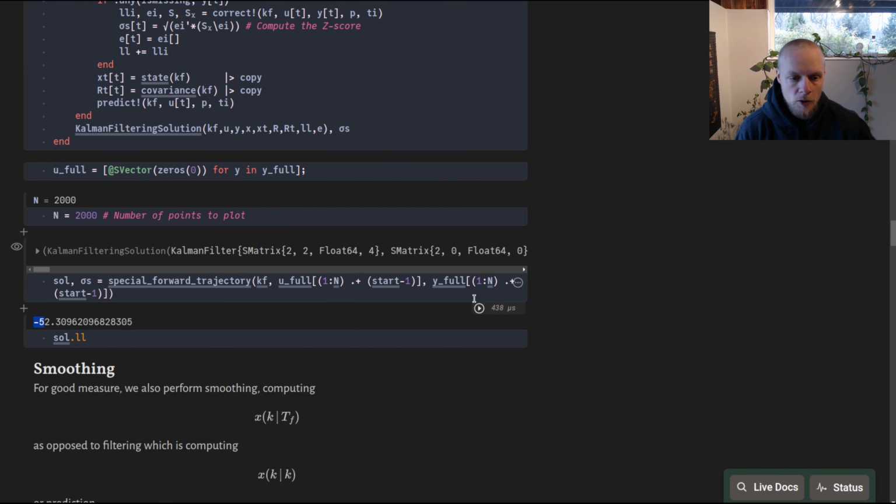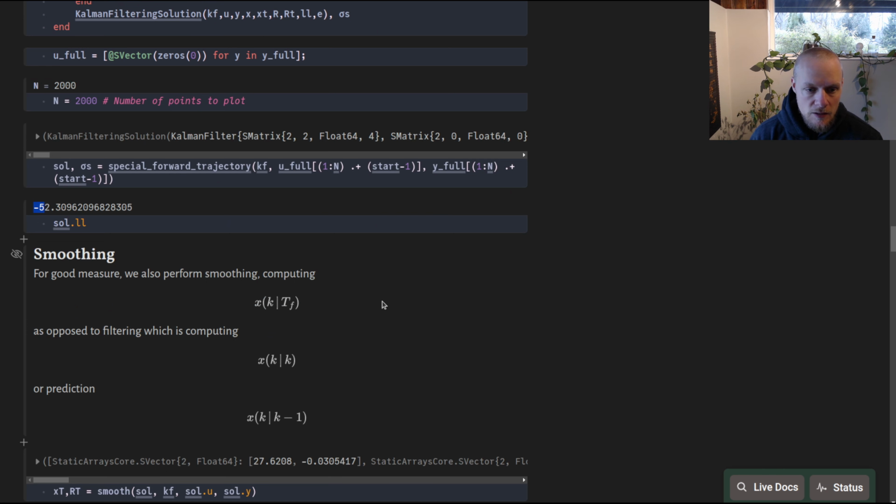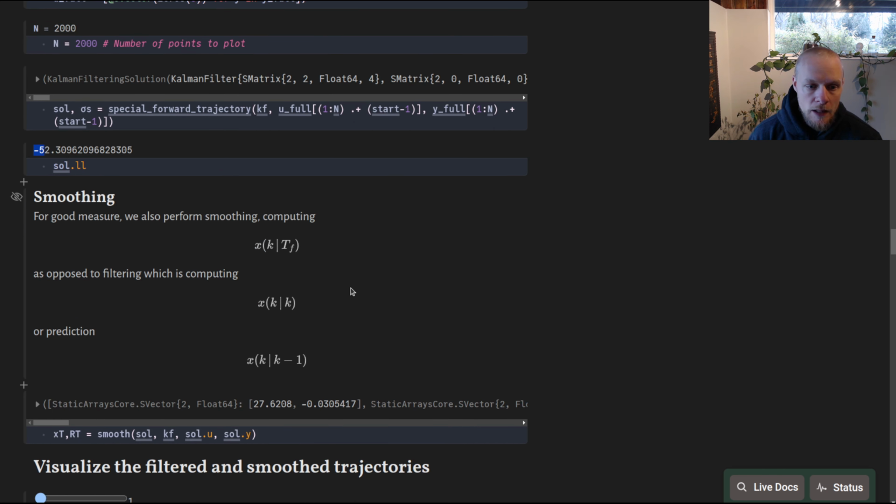All right, before we plot anything, we will also perform smoothing. All right, so what does that mean? When we filter, it means that we estimate X at the current time step K given measurements up to and including the current time step K. All right, if we instead say prediction, then we estimate X at time step K given past information only, so not the information available at the current time step.